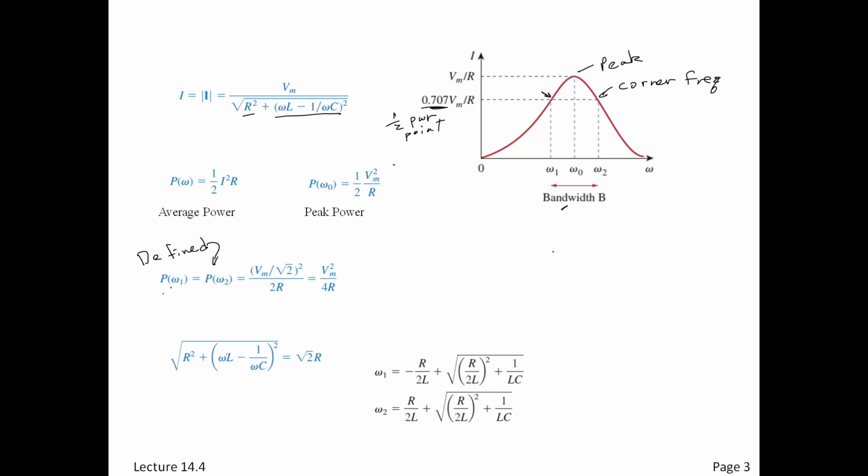Here we can just solve for this. We solve for omega as a function of R, L, and C. It's just a matter of extracting, squaring things, and then taking the square root. As you might expect, here's our favorite quadratic. Remember we have the minus b plus and minus the square root of b squared minus 4ac, all over 2a.